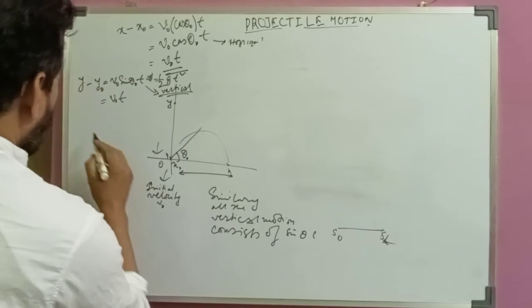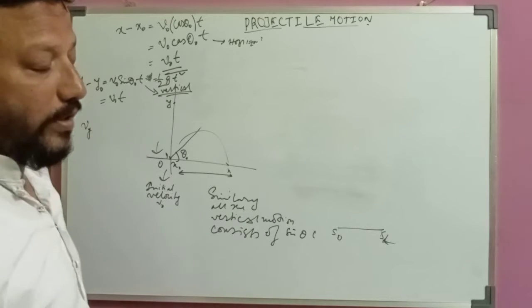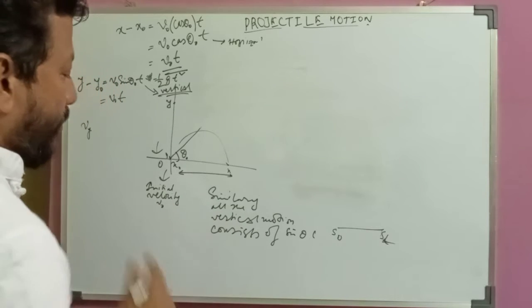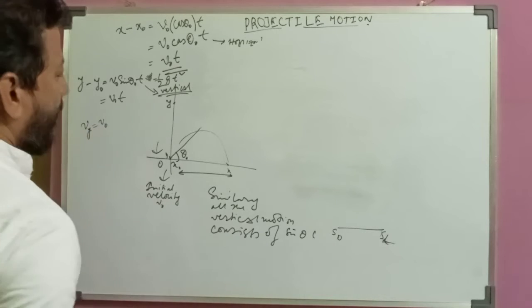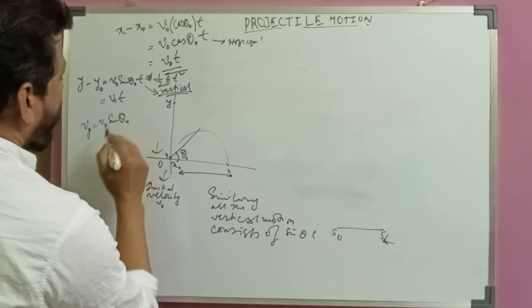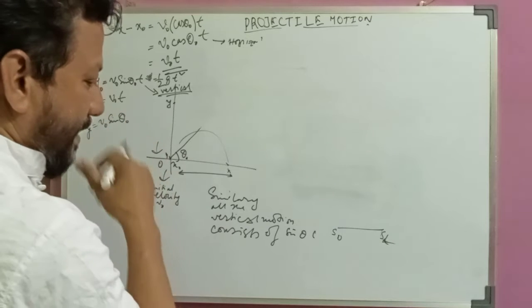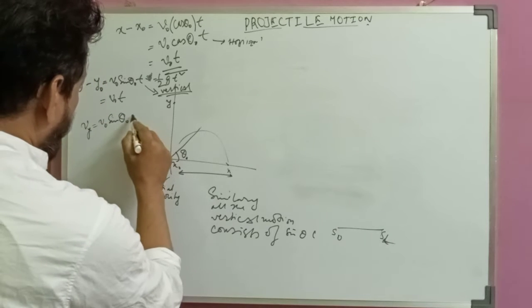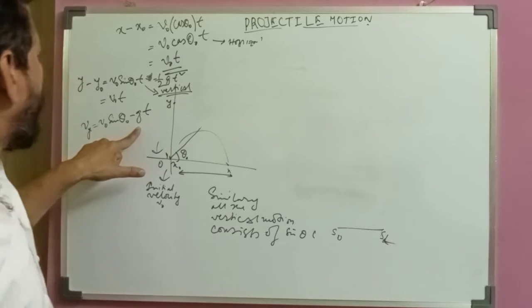So velocity in the y direction, obviously velocity in the y direction, will keep v0 sine theta, because we started with theta naught. So velocity will be minus g t, as I told you.